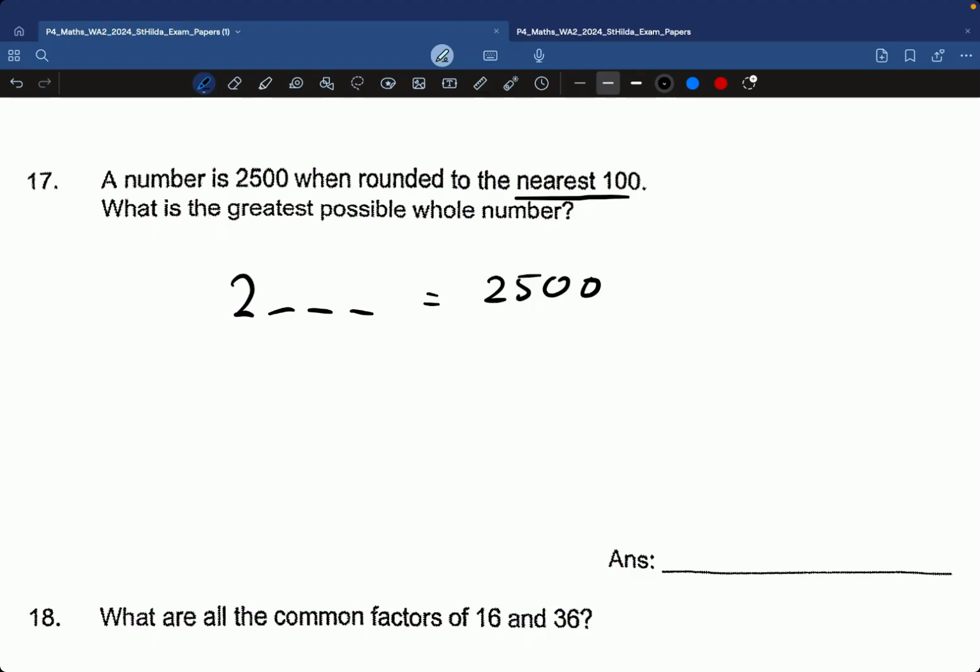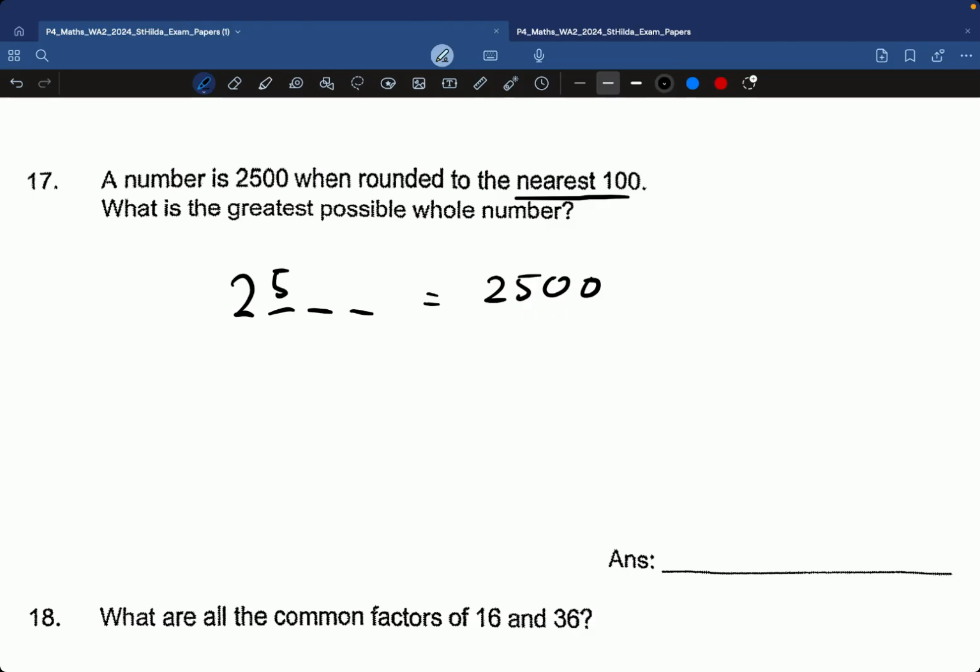So to get 2,500, can we have a number that is 2,600? Will this make sense? No, we cannot. Because anything will be 2,600. So this is not the greatest possible whole number. So that means our hundreds place should always be 2,500.